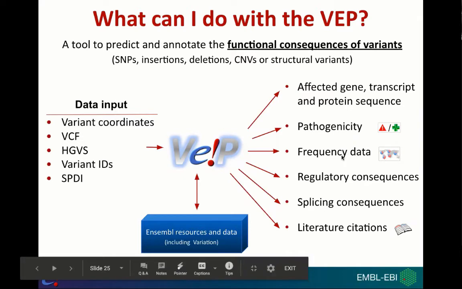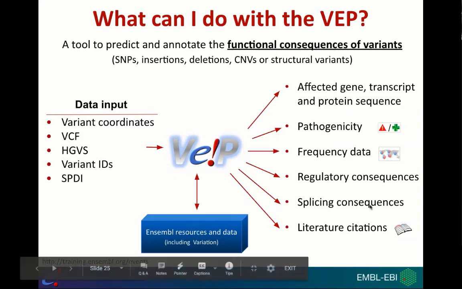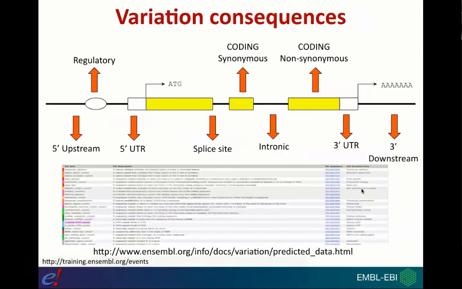Obviously, if your variant is novel, there won't be these sorts of phenotype associations and frequency data available, but the VEP will still process those novel variants to give you the functional consequence predictions and pathogenicity scores, for example. You can also get regulatory consequence predictions and splicing consequence predictions as well.